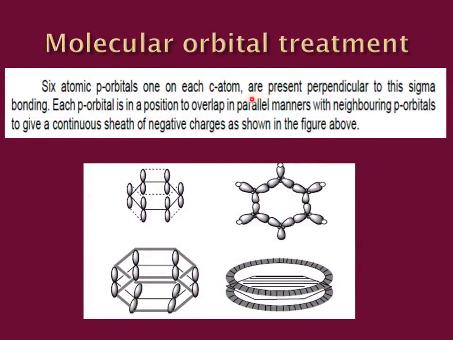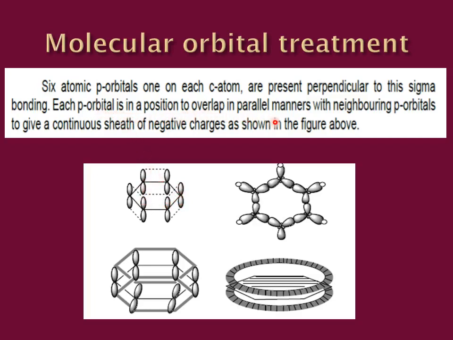If we consider this plane as the sigma framework, the unhybridized p orbital of each carbon atom is perpendicular to the plane. Each p orbital is in a position to overlap in a parallel manner with the neighboring p orbitals to give a continuous sheet of negative charge, which is shown in this figure.